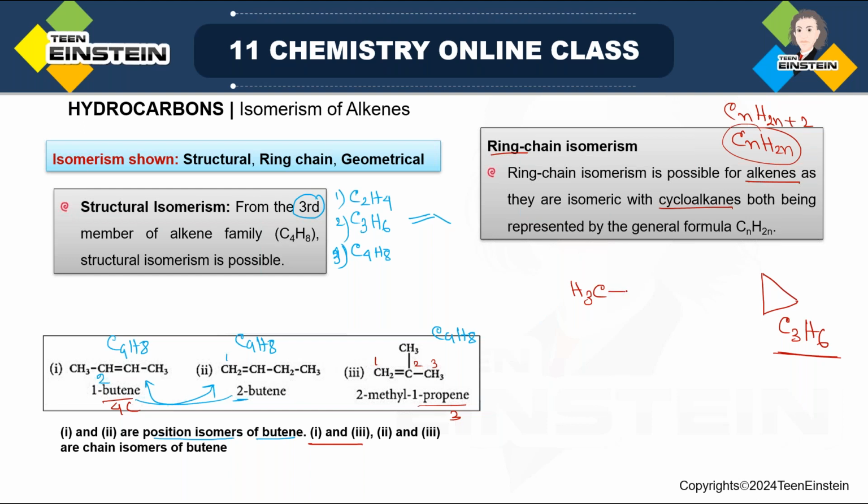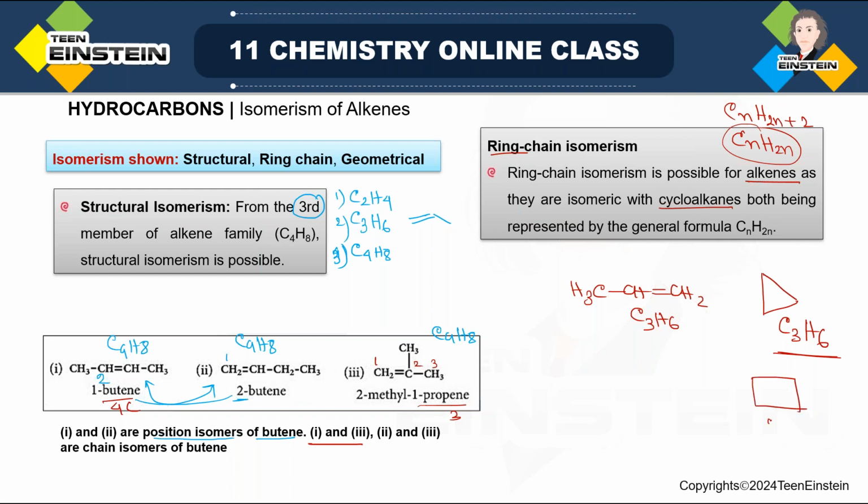So here we have propene. This is also C3H6. This is also C3H6, right? So both have the same formula but one is ring and one is chain. So ring chain isomerism is possible between these two.